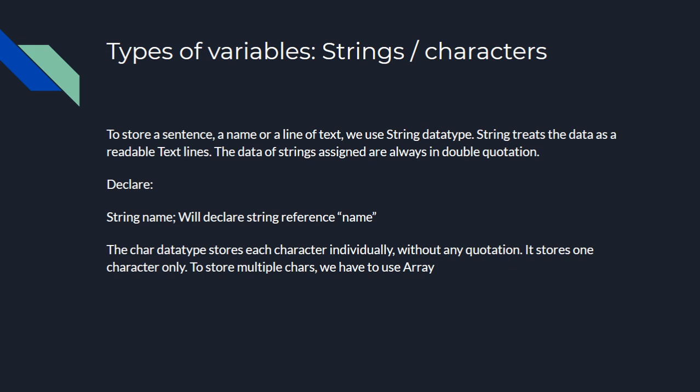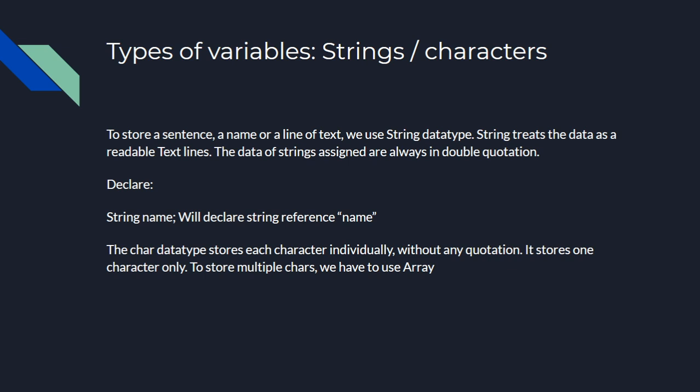It stores alphabets, but the difference here is it stores them individually instead of in a string manner. That is, if you use the char data type or character data type, you can store only one character, for example: char, your variable name or identifier name, and you can say A only or B only. If you want to use multiple, you have to use an array. We will discuss it in the next session.